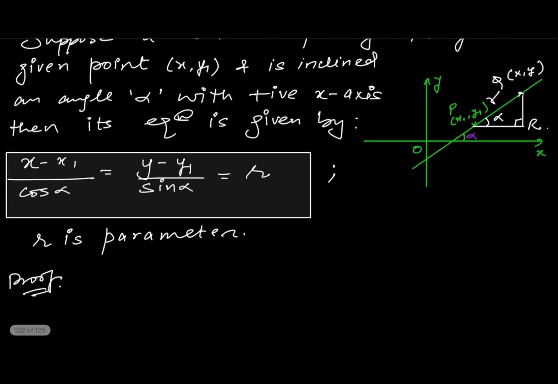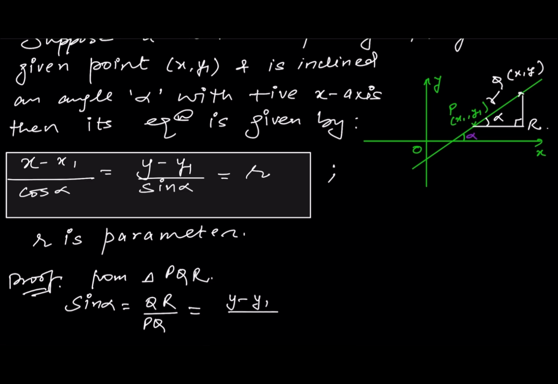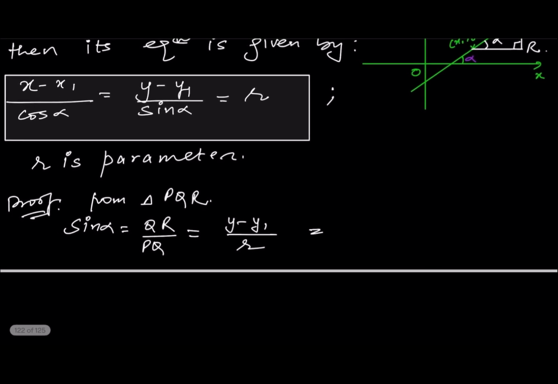Now from triangle PQR, sin alpha is QR upon PQ. QR is y minus y1 and PQ is r. So I can say r is equal to (y minus y1) upon sin alpha.